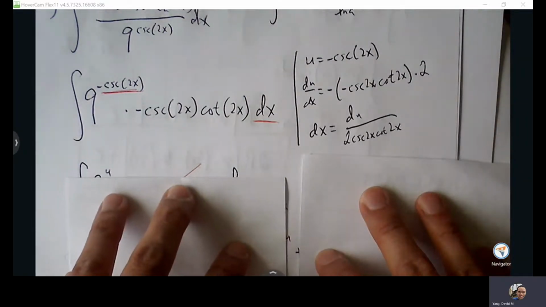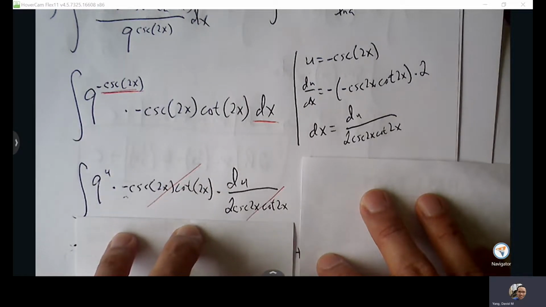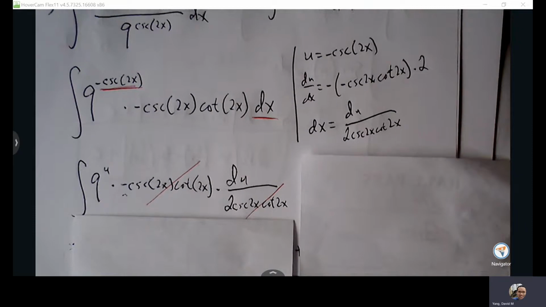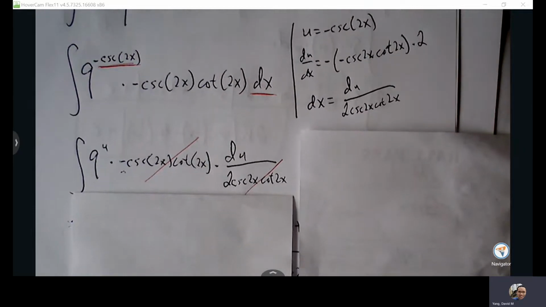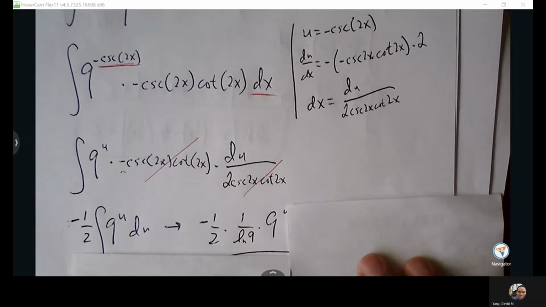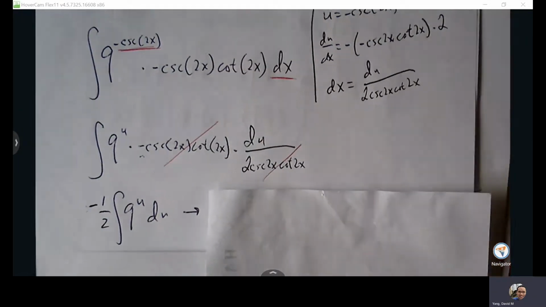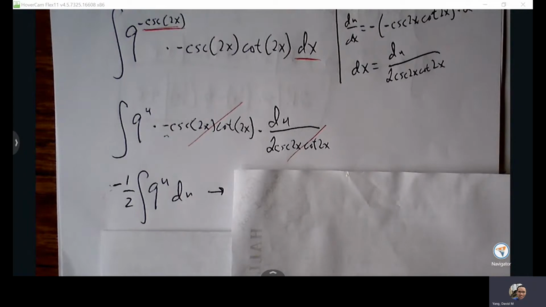Make the substitution, and we should get the cosecant cotangent to go away, but we do have to keep track of the negative and the 2 in the denominator, so there's going to be a negative 1/2. That's going to have to be in the very front. It cleans up nicely to just be negative 1/2 in front, integral of 9 to the u.